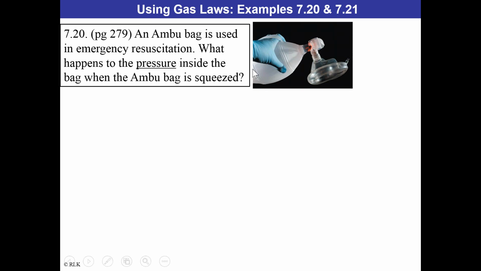In the picture here, you see the gloved right hand over the bag, and it's a manual resuscitation practice where the bag is compressed with your hand, and that forces positive pressure that had been built up in that chamber just from the atmospheric air, or if there happened to be, for instance, an O2 cylinder on hand and an oxygen-rich environment would have been necessary.